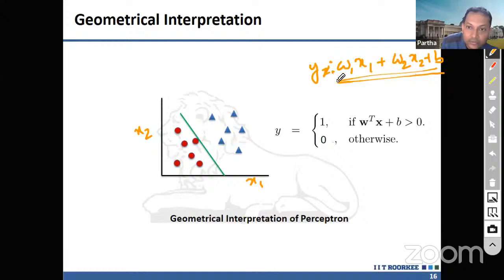When I go for this linear combination, w1 x1 plus w2 x2 plus b, it actually means a line in a 2-dimensional space. In 3-dimensional space, with x1, x2, x3, it will be a plane. If I am having n-dimensional space, it will be a hyperplane.